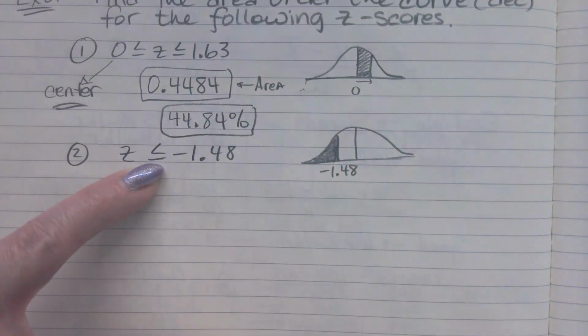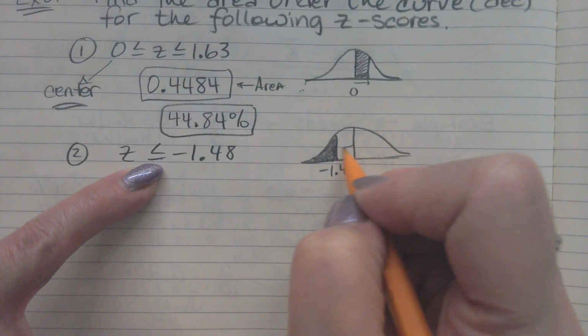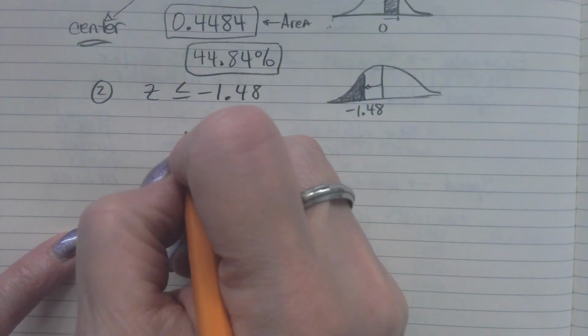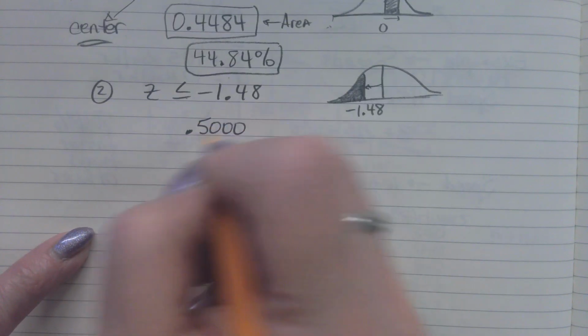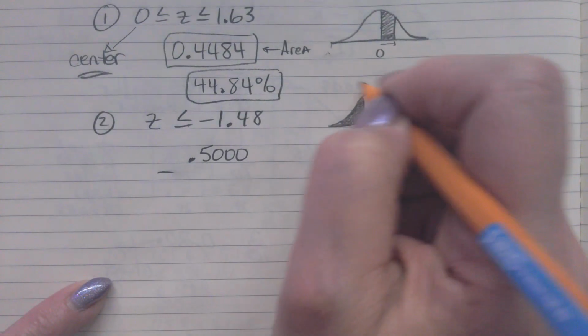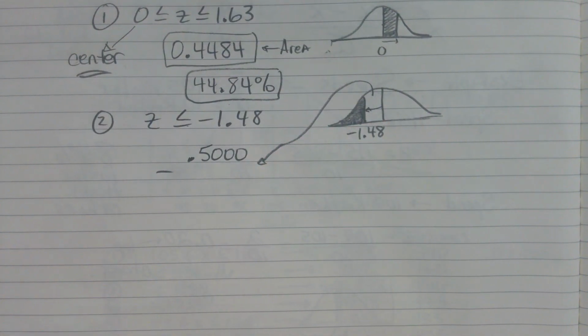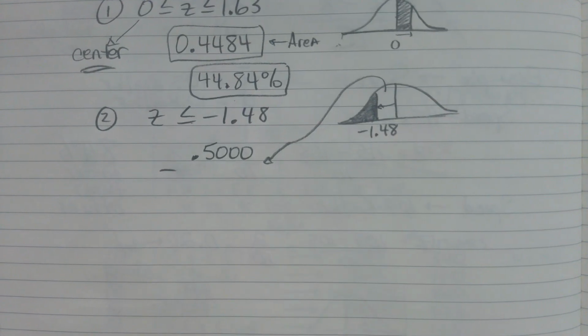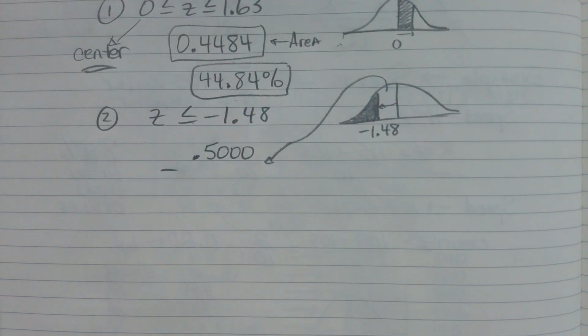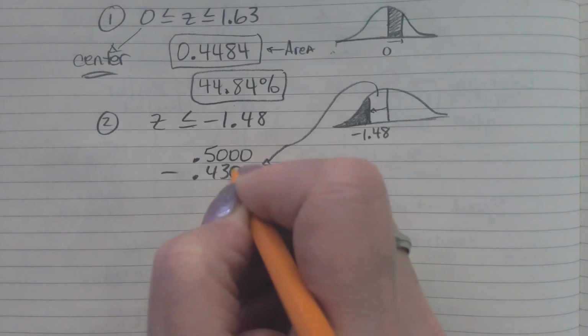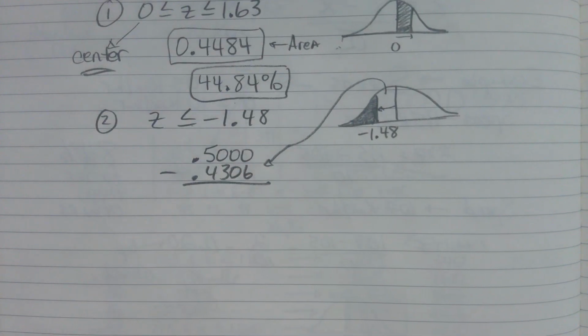What is the chart going to give me though? The chart's going to give me from here to there, right? So you get 50%. Exactly. So I'm going to take 0.5000 and I'm going to subtract what I get from the chart, from 1.48. So negative 1.48, 0.4306. Anybody not finding that?